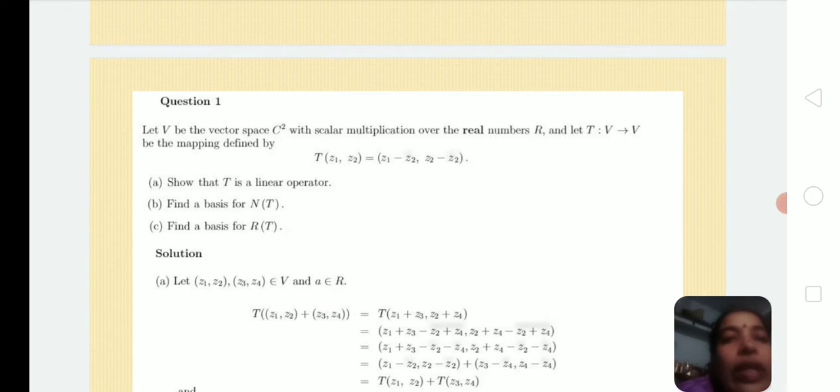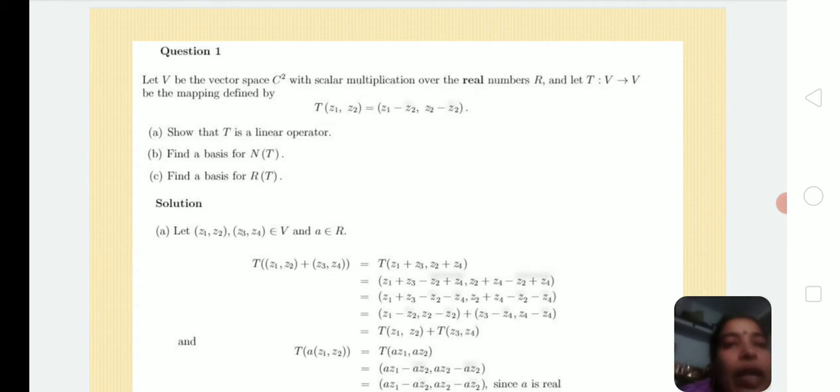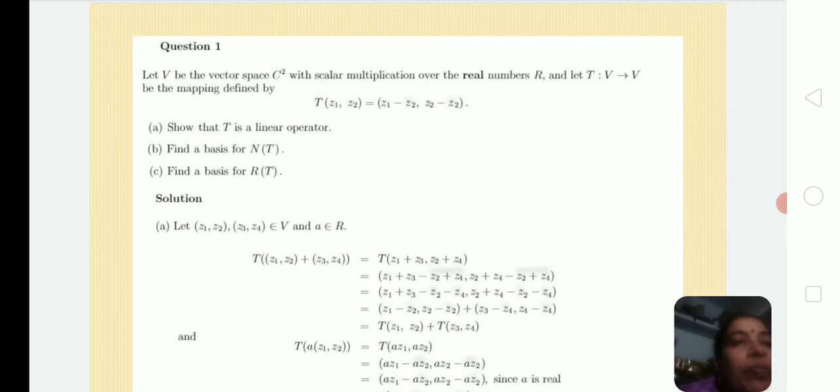Solution. Let z1, z2, z3, z4 belong to V and a belong to R, where a is a real number. T((z1, z2) + (z3, z4)) = T(z1 + z3, z2 + z4). That value is equal to (z1 + z3 - (z2 + z4), z2 + z4 - (z2 + z4)).